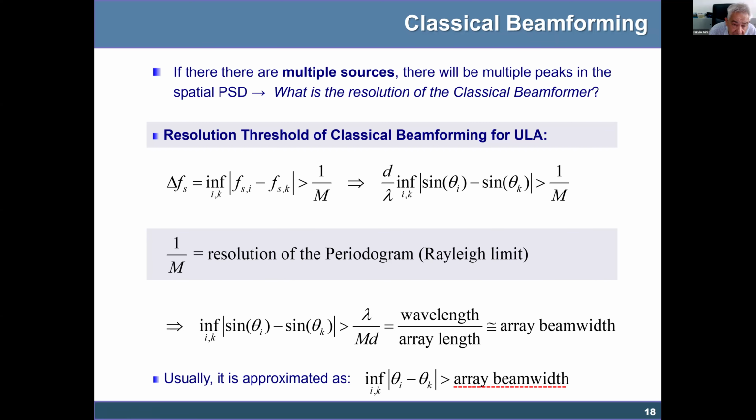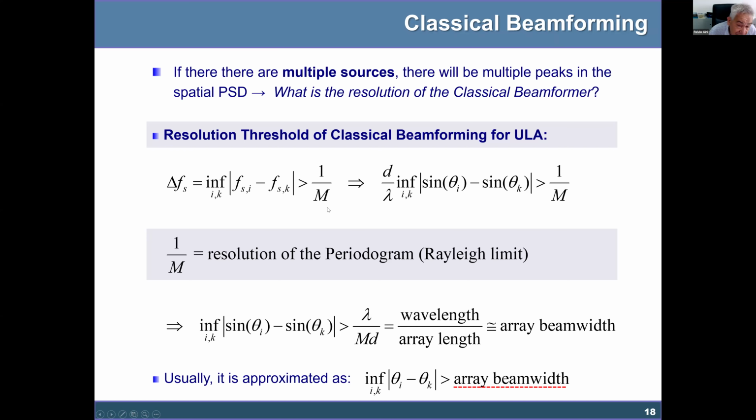So you can separate two sources coming from different angles, so from different spatial frequencies, if the difference between these two spatial frequencies, fsi and fsk, is greater than the reciprocal of the sample size.